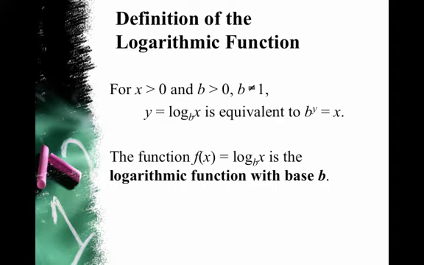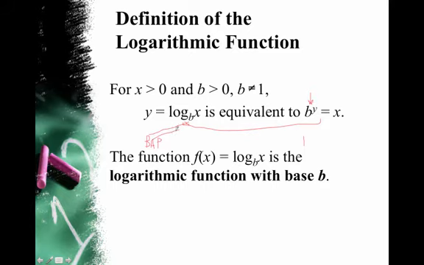Okay, so let's spend a little bit of time talking about this. We're going to have to do a lot of converting back and forth here. One of the neat little tricks is that this logarithmic function is written in the form BAP, where the base, b, is the base of the exponential function.